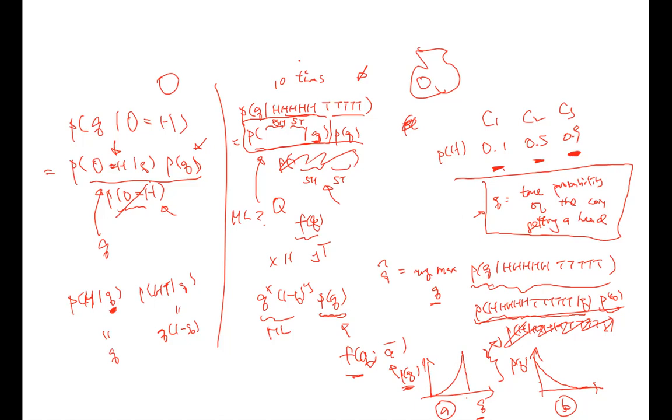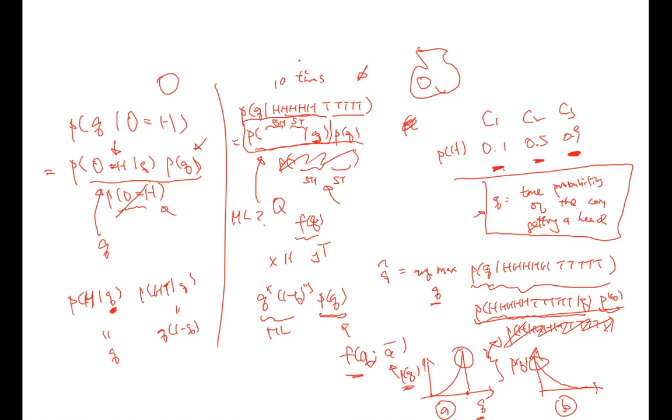Yes, because for this one we have more Q. Q is more likely to be higher, right? So we have a clearly larger Q here, and in the other one more Qs are smaller. Therefore case A is more likely to give a head.